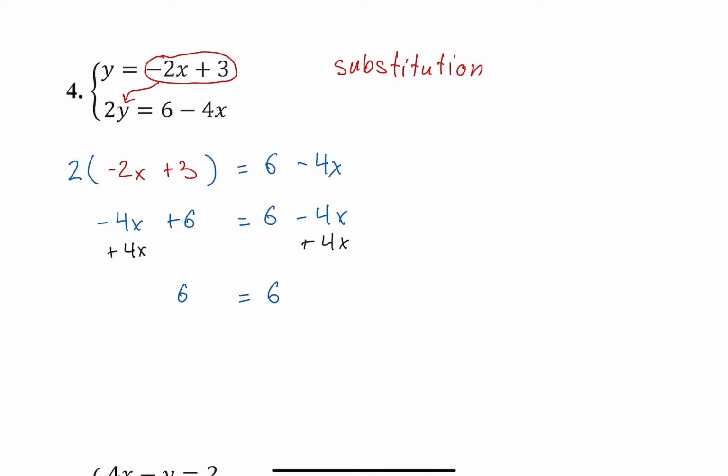Did anyone get this far? Infinitely many solutions. We're left with a true statement, or both sides were equal, so we end up with infinitely many solutions. And because these two lines would be on top of each other, we would call it a dependent system. Any questions on 4?